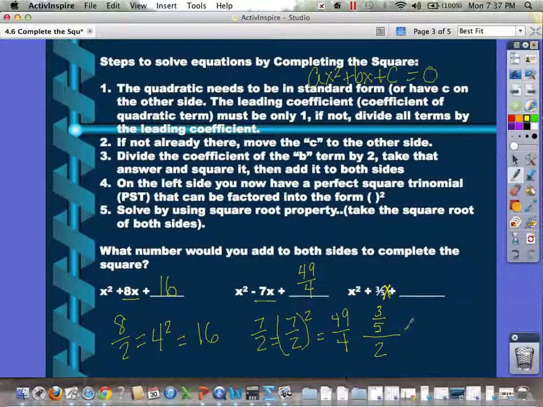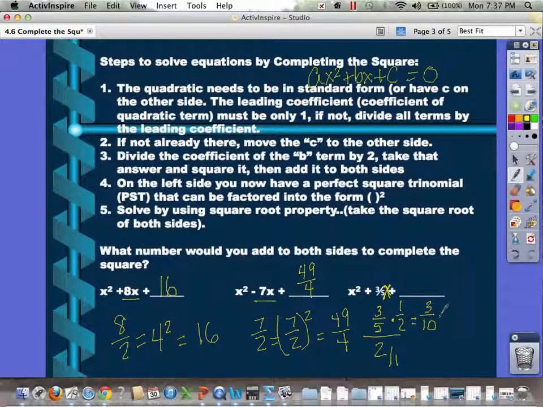That's illegal. So what do we do instead of dividing by 2? That would be the same thing as 2 over 1, right? So we can flip it and multiply. So that makes 3/10. All right, so when you're dividing a fraction by 2, it's the same thing as multiplying by 1/2.